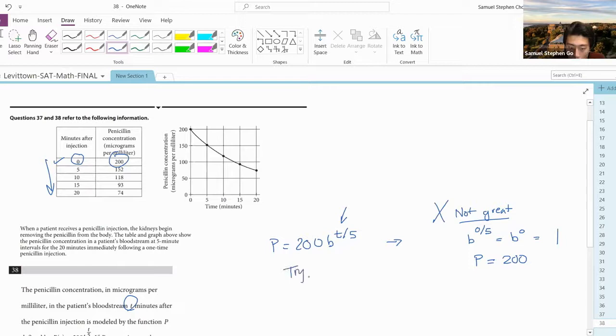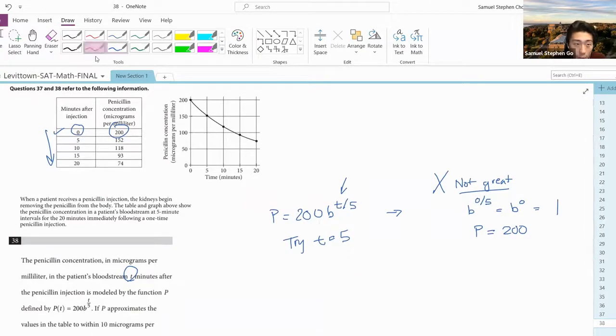Let's try the second point, T equals 5. This might get us somewhere. Scroll down here. So for 5, changing to my red pen, 152. So we plug in the values. 152 equals 200 times B to the 5 over 5, because it's 5 minutes after the injection.